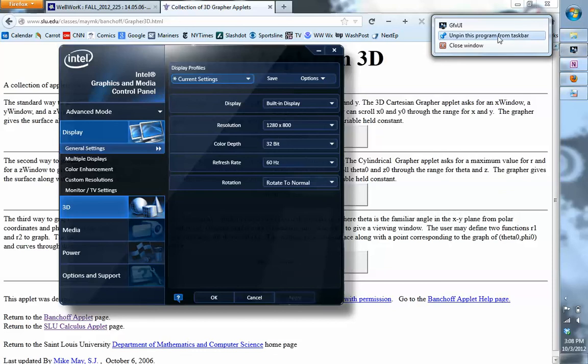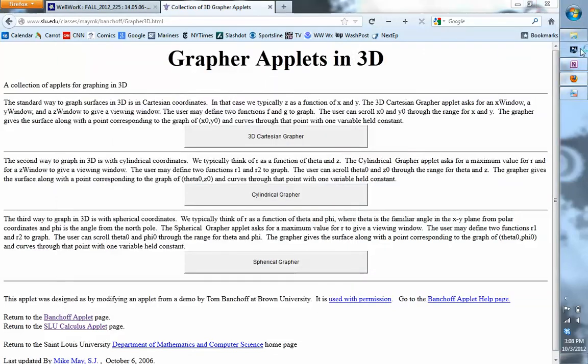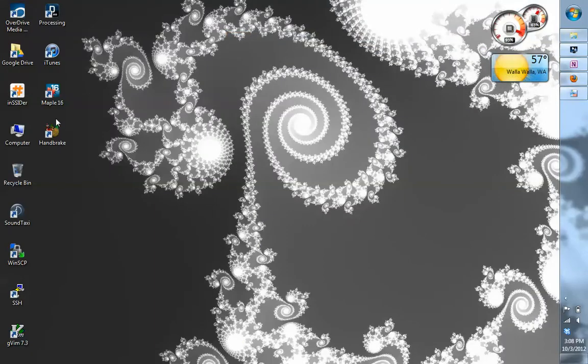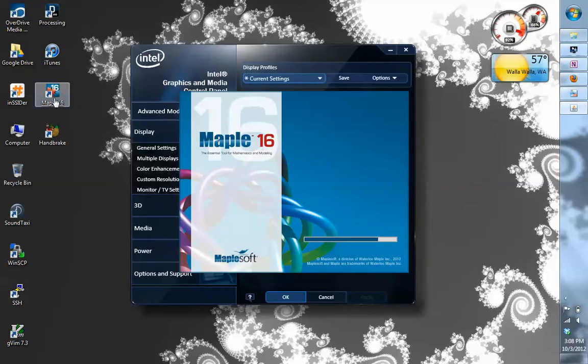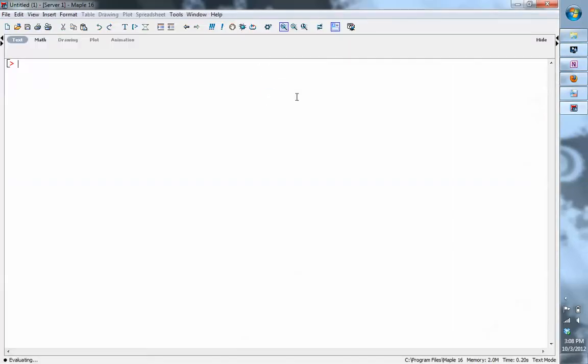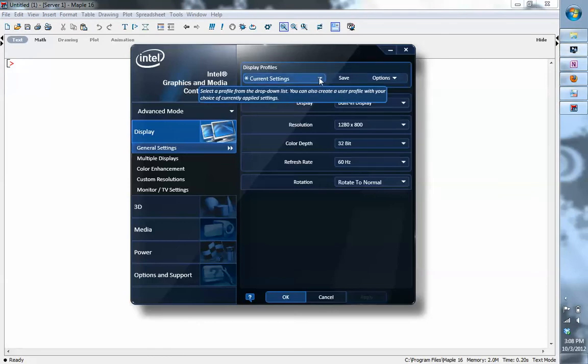Hold on for a second. I'm starting Maple and trying to switch over at the same time, which is probably not a good idea. There we go. Okay.